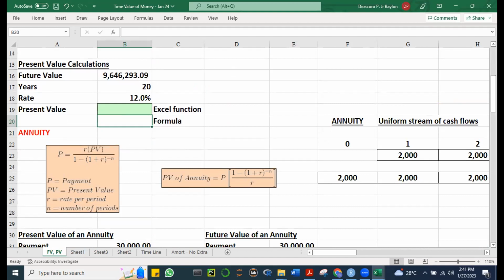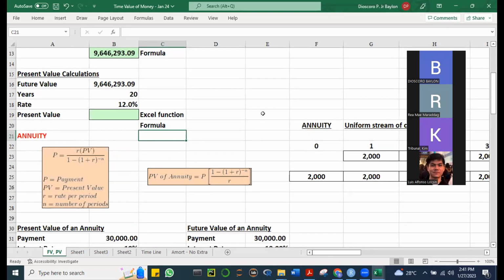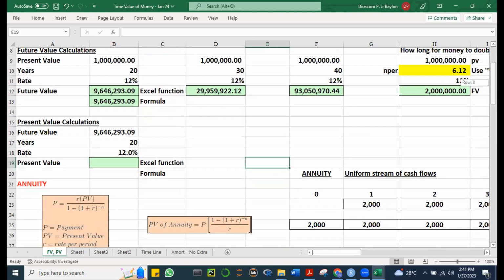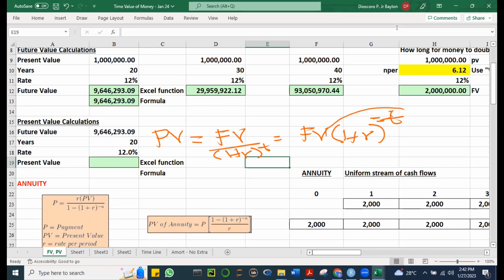Okay, so the formula is, to get the present value, PV is equal to your future value divided by (1 plus R) raised to the T, or this is just the same as future value times (1 plus R) raised to the negative T. This one we call our discount factor.